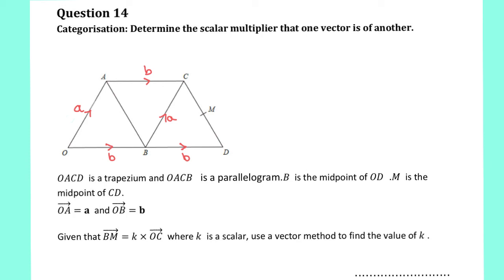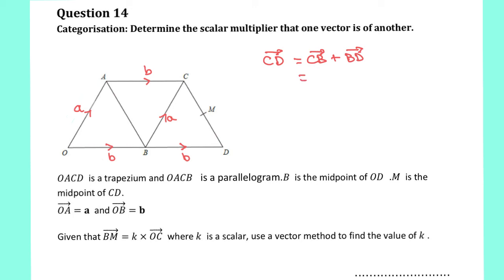Given that BM is equal to k times OC, where k is a scalar, use a vector method to find the value of k. So the first thing we need to do is find BM. In order to find BM, we need to find CD. So vector CD is equal to vector CB plus vector BD.